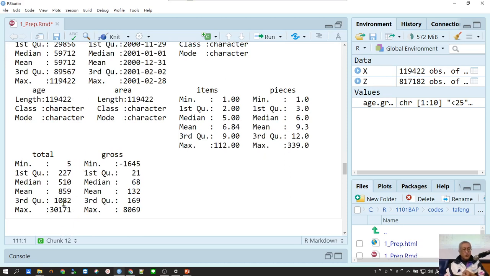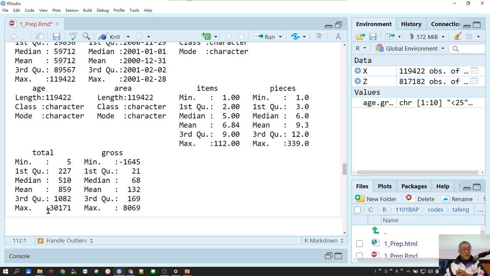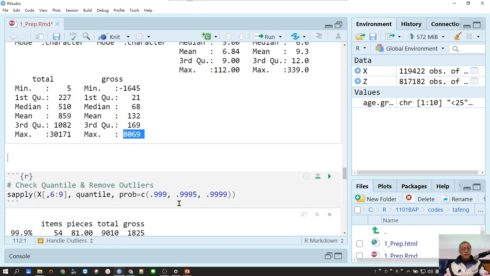Because the mean of total is less than 1,000, and the third quarter is 1,000, but there are some transactions of more than 10,000. The third quarter of profit is 169, but the maximum profit is like this. So there are some abnormal, irregular items at the transaction level. They also need to be filtered out.